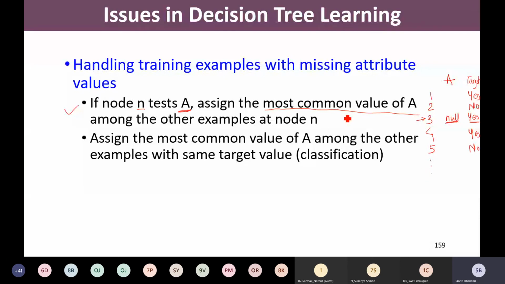So in the first approach, irrespective of the target value, we are considering all instances and picking up the most common value. But in the second approach, we consider this target value and we filter our data based on that target value, and out of that subset of the data, we pick the most common value of A and we will replace this null with that value.